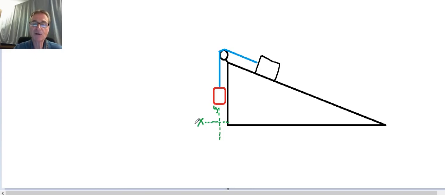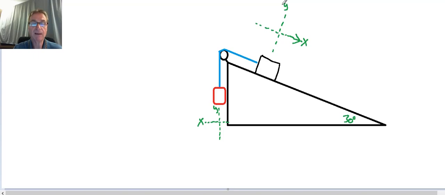But our block is going to be going down this ramp here at some angle, and in fact that angle is going to be once again 30 degrees, and it's going to be traveling in the direction of the ramp itself. So what's the coordinate system I'm going to draw? I'm going to create a coordinate system like this, where x is in the direction of the ramp and y is perpendicular to the ramp itself.